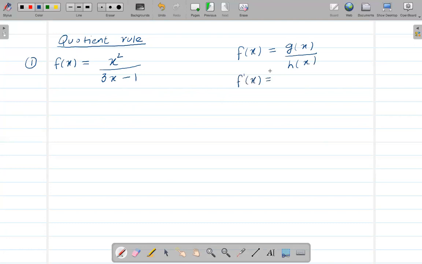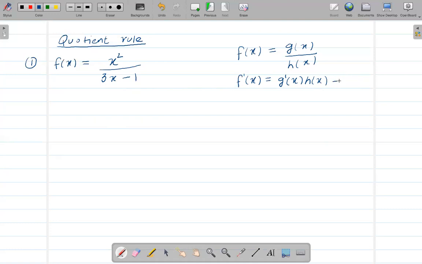So f prime of x will be, on these kinds of problems, the first thing we will do is take the derivative of the numerator. All right, so take the derivative of the numerator, and then the denominator will be the same. You don't change the denominator. Okay, first this, minus, and after that, once you take the derivative of the numerator, there will be a minus.